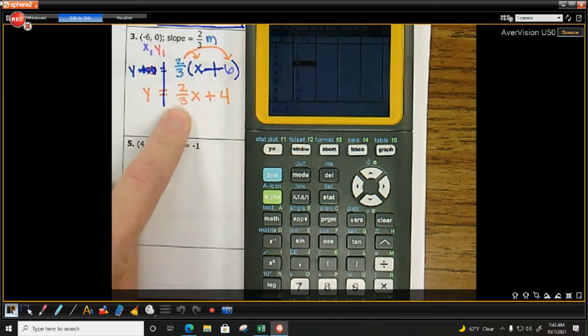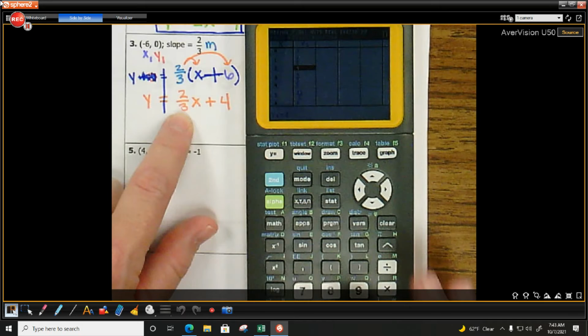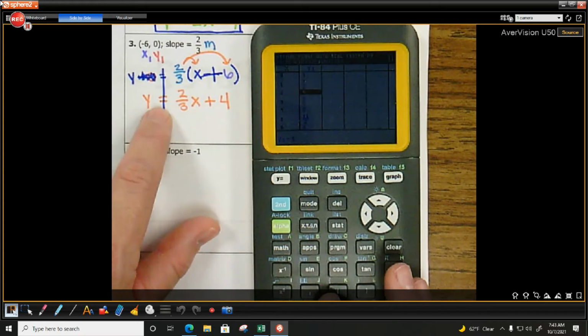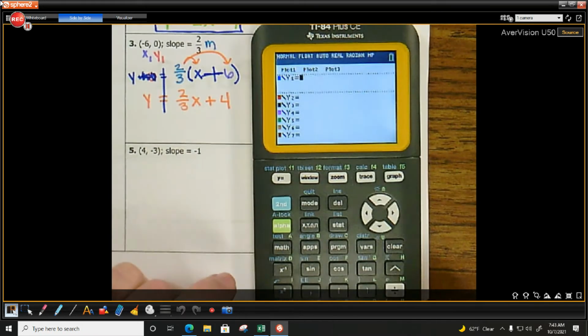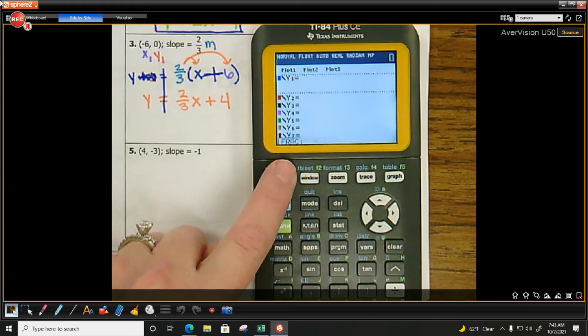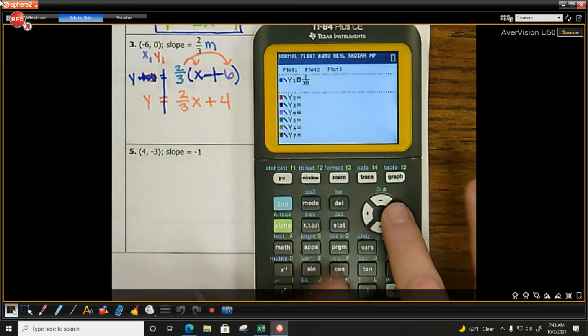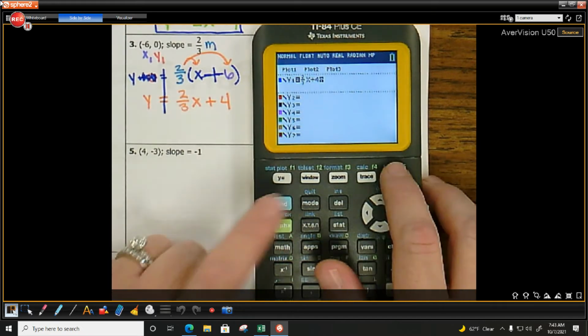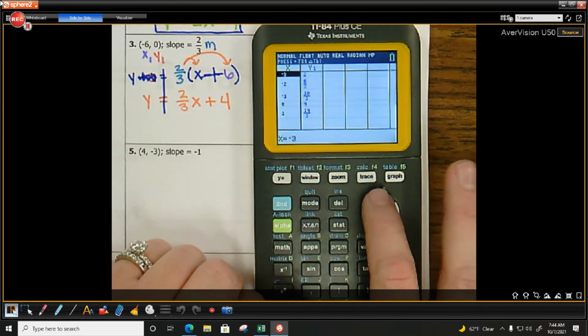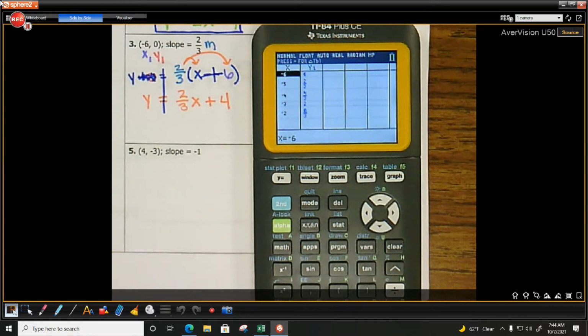Does it have the correct slope? Yeah. Y equals M. M is 2/3, which is what it should be. So alpha y equals, enter to put in 2/3 x plus 4. Go to the table, and does it have the point -6, 0 on it?